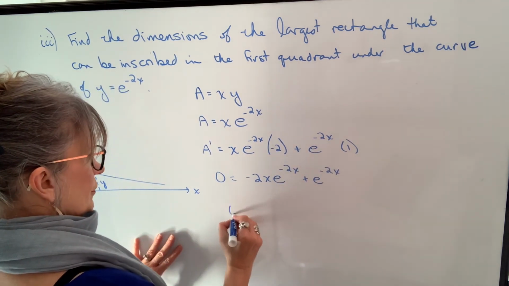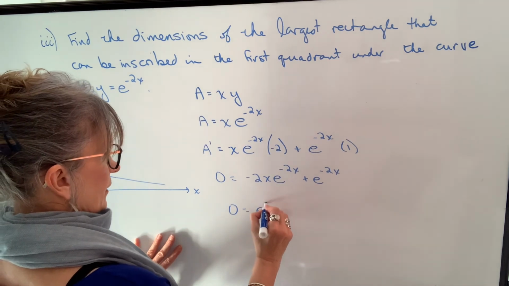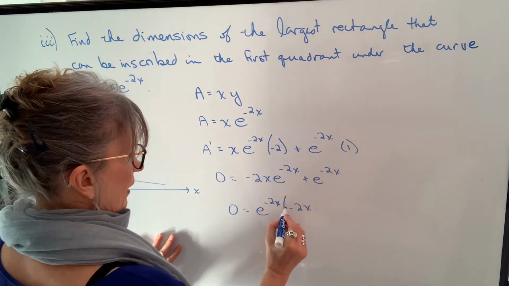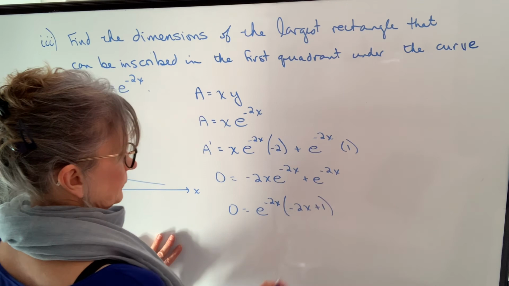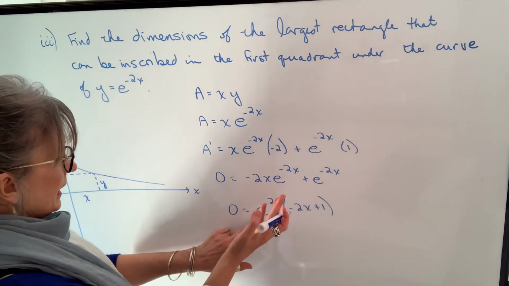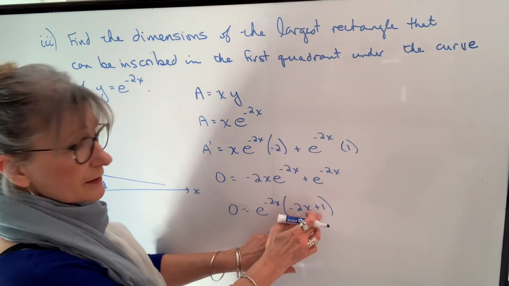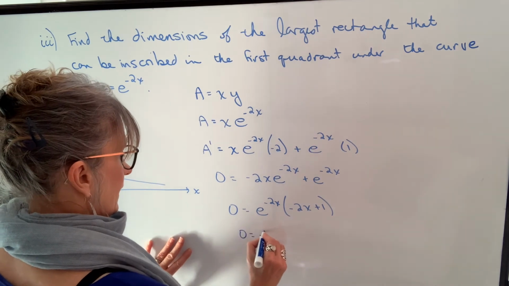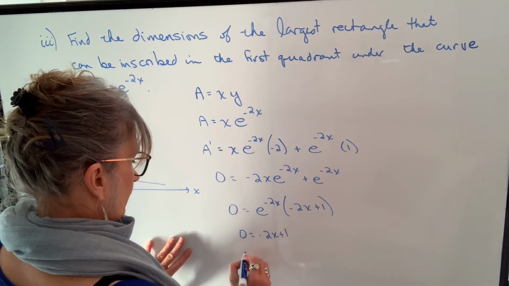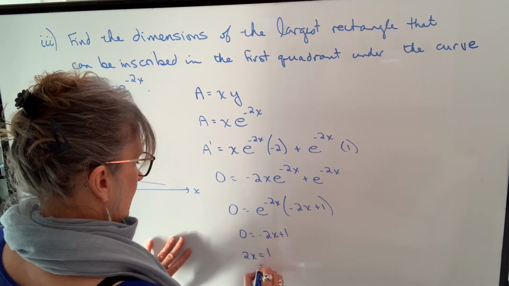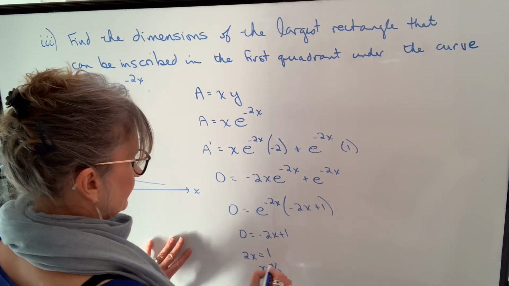We're going to factor an e to the -2x out of both terms, and I'm left with -2x plus 1. We know that e to anything cannot equal 0, so the only way we'll get a solution is if -2x plus 1 equals 0, in which case 2x equals 1, in which case x equals 1/2.